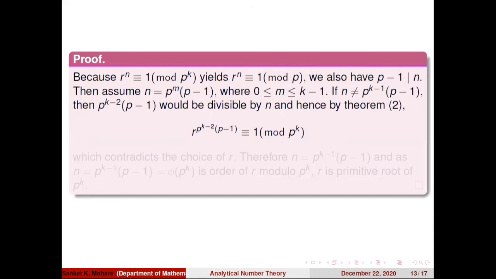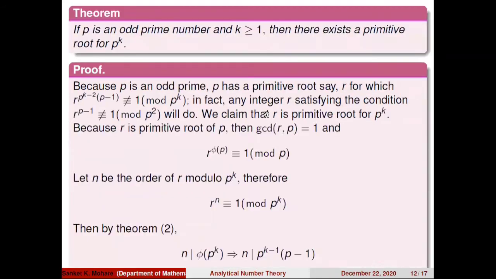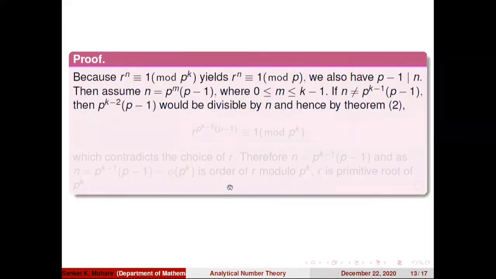If k divides h, then a to the power h is congruent to 1 modulo n, where k is the order of a. Here n divides this quantity p^(k-2)(p minus 1). But what is n? n is the order of r modulo p to the power k. So as this order divides p^(k-2)(p minus 1).